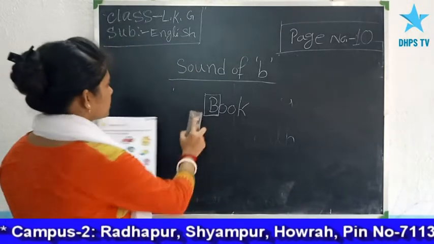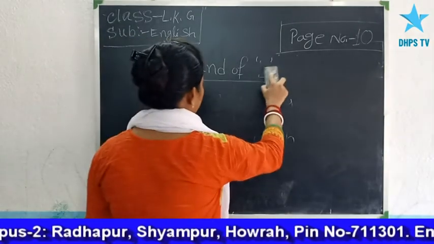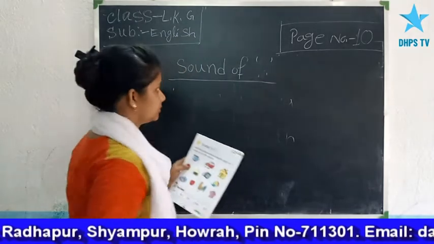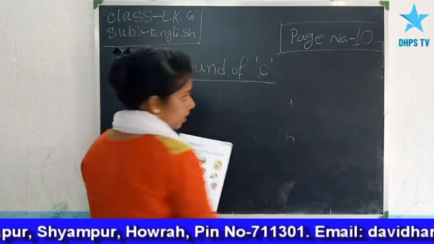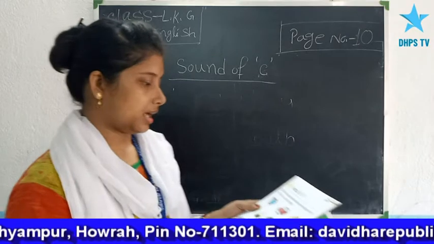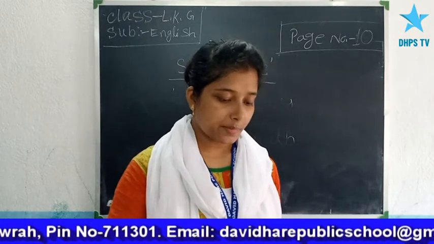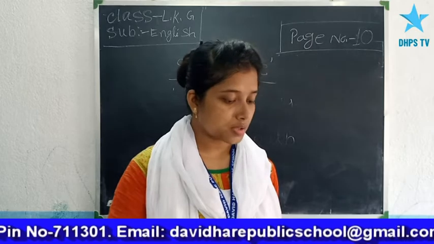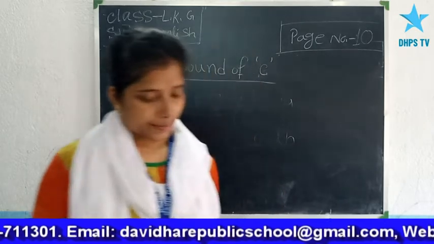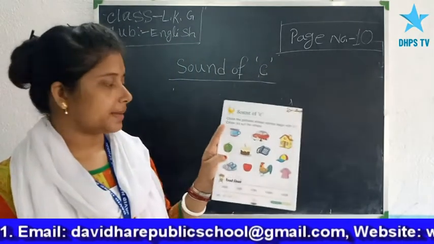Here the topic is sound of C. Now let's read the task. Circle the pictures whose names begin with C. Cross out the others. So see the pictures properly.